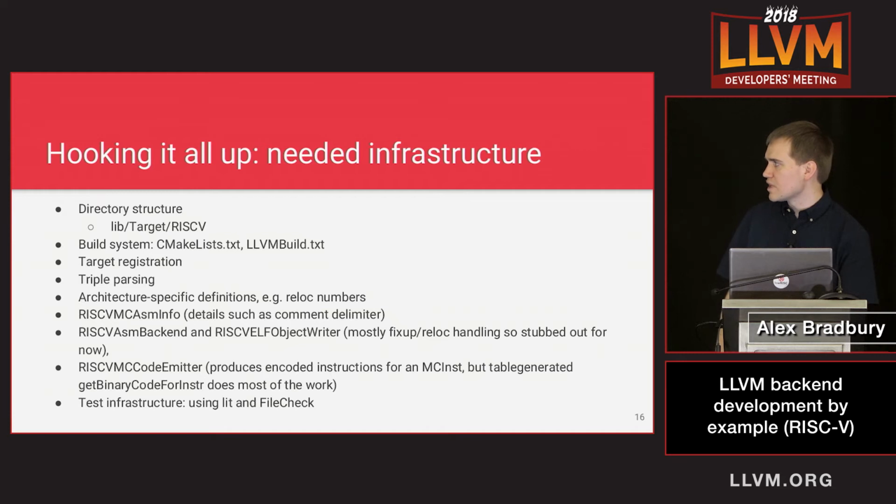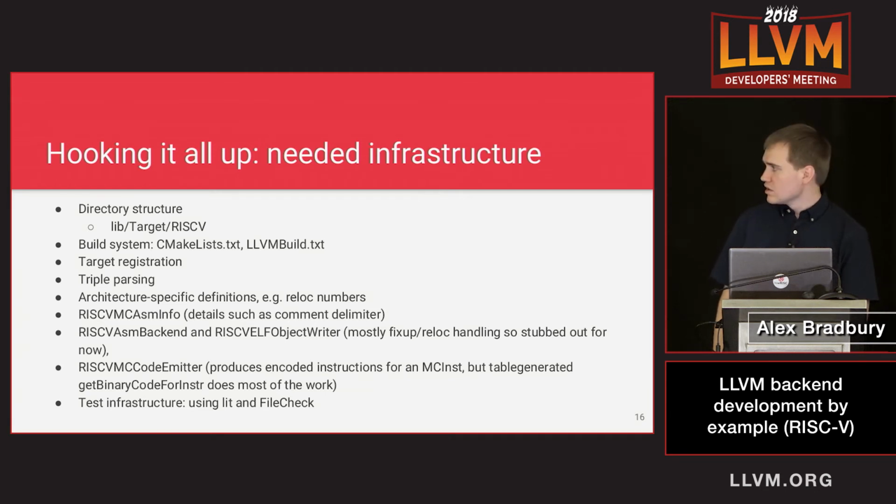RISC-V MC ASM info mostly contains simple things which feed into the target independent assembly parser, such as what the comment delimiter is. These two classes are mostly for handling fix-ups and relocations, which we're probably not going to have time to go into in any great detail in this talk.